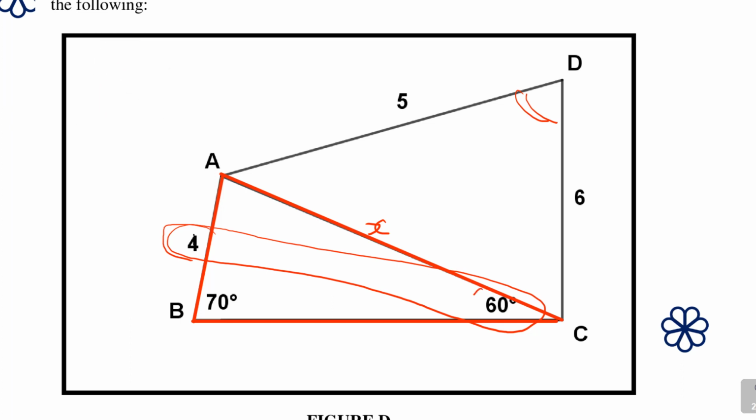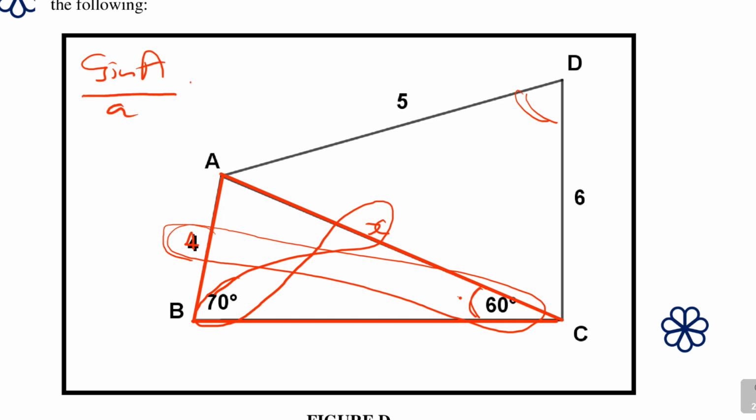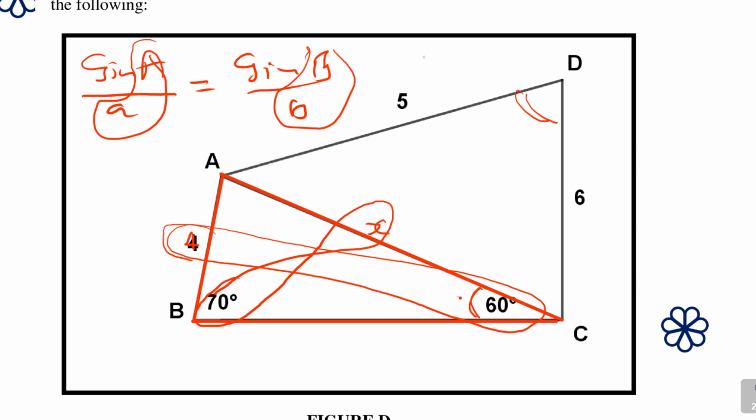If you have an angle here, which has its side, which is 4, then you have a pair. At the same time, 70 degrees and x, that's another pair. So if you apply your sin A over a is equal to sin B over b, this formula talks about A and the side, it talks about B and the side, it talks about C and the side. Do you understand what I'm driving at?